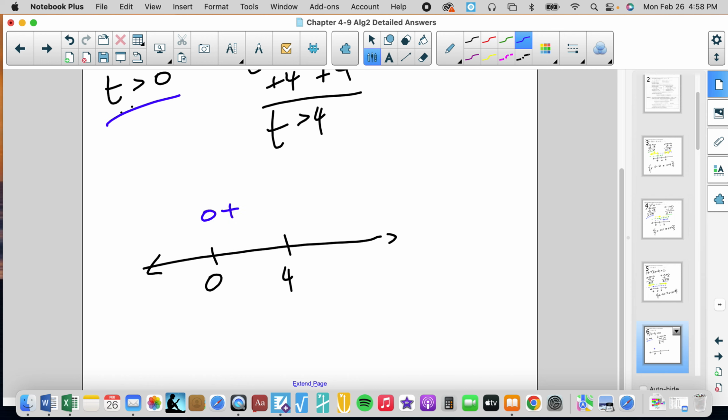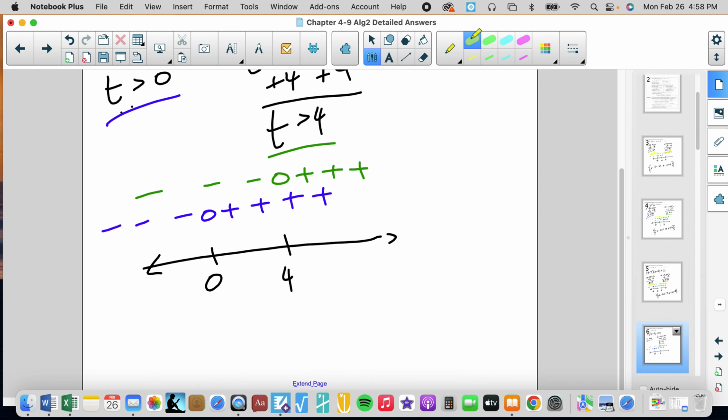So 0, plus, plus, plus, minus, minus, minus. Let's do this in green. 0, plus plus plus, minus minus minus. So we're going to say, where is it? Positive, positive. Oh no, this one will be open circle. Sorry, that'll be open circle going to the left.